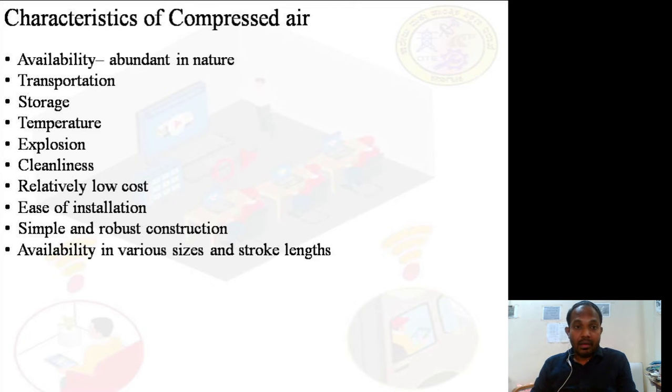Then the transportation. Transporting a liquid and transporting a gas are different issues. Say for example, if you take mining as an example, transporting petroleum based liquids is more dangerous and hazardous compared to the transportation of compressed air.